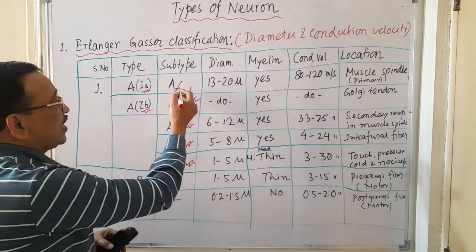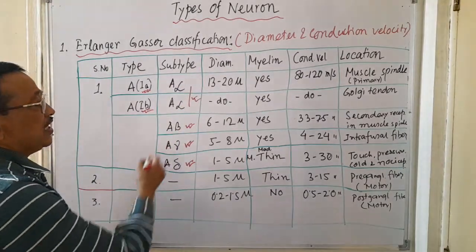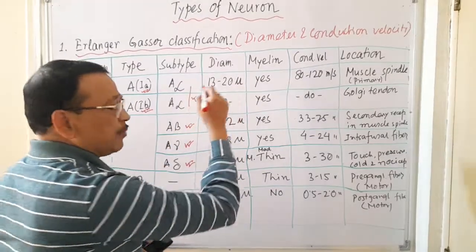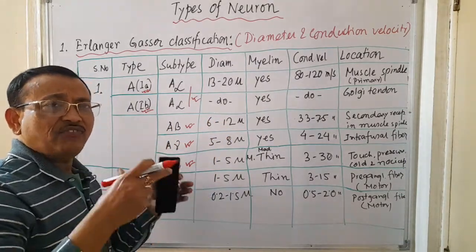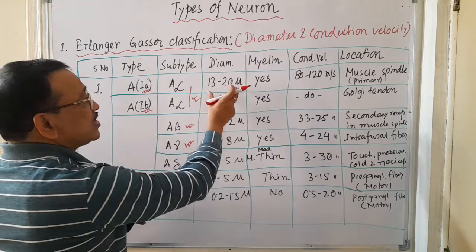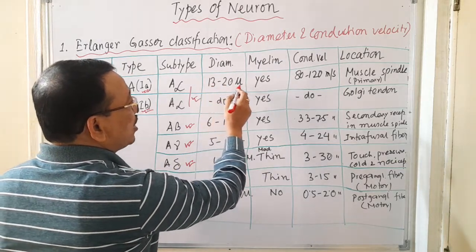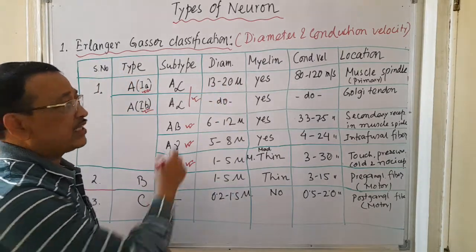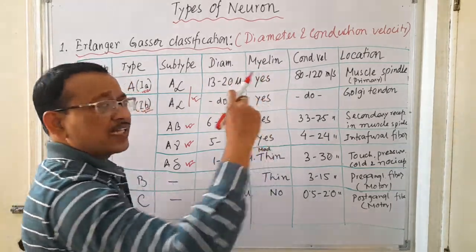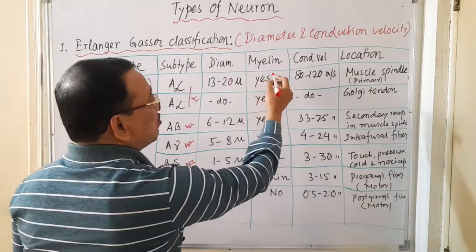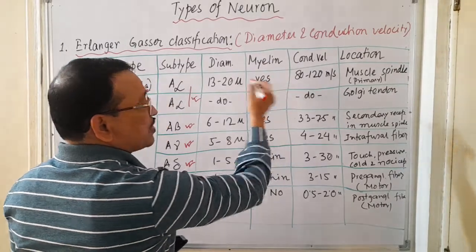So regarding the A alpha, this has the highest diameter. That means the myelin sheath is very thick, about 13 to 20 micron. This thickness is basically because of the thick layer of the myelin sheath.